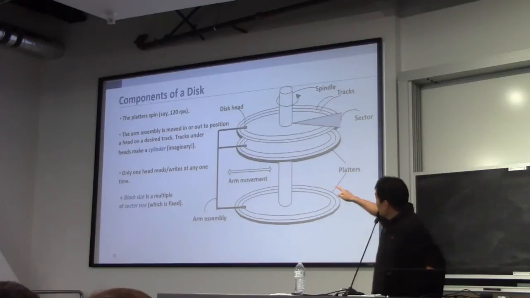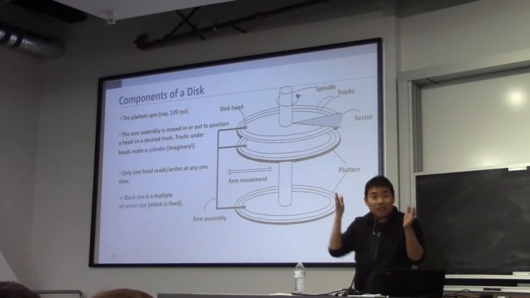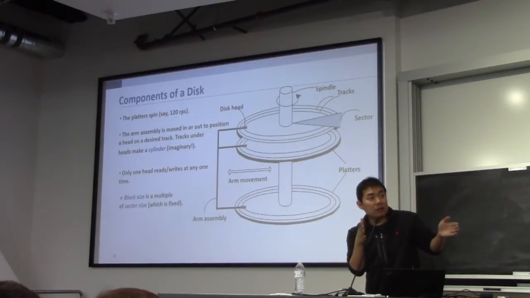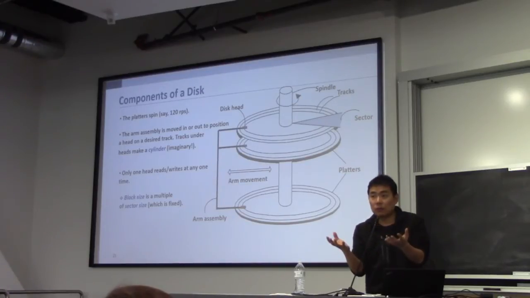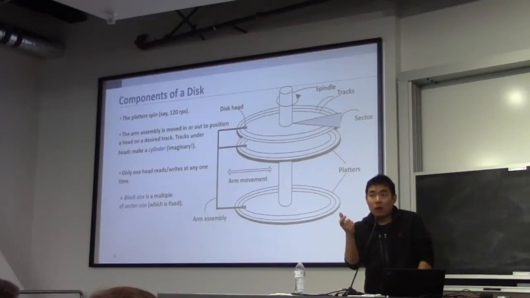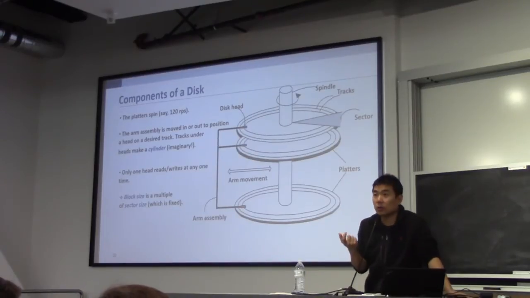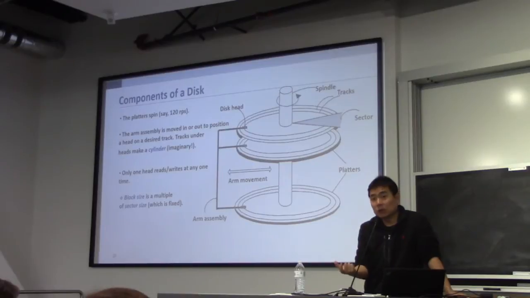So one point I want to highlight is the sector size is determined by the disk manufacturer. So it's fixed at the time the disk was manufactured. Typically it's 512 bytes. The block size is a logical unit. It's not a quote-unquote physical unit. It's a logical unit that's defined by your system, by your code.